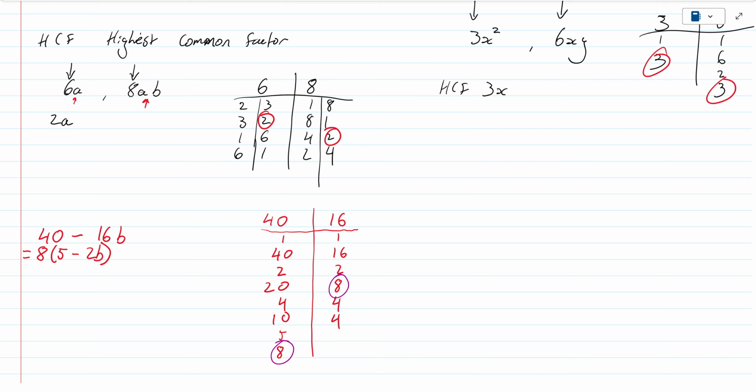Over on the right-hand side of the screen, we're going to have negative 8x squared minus 12x. Here, the highest common factor is negative 4x.